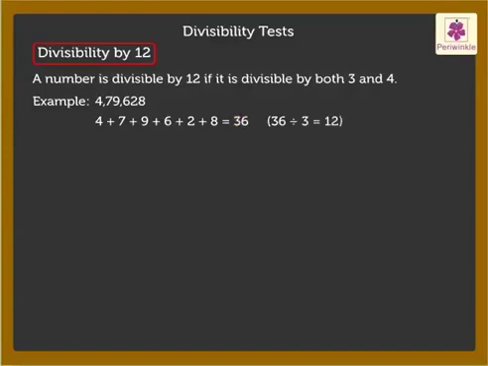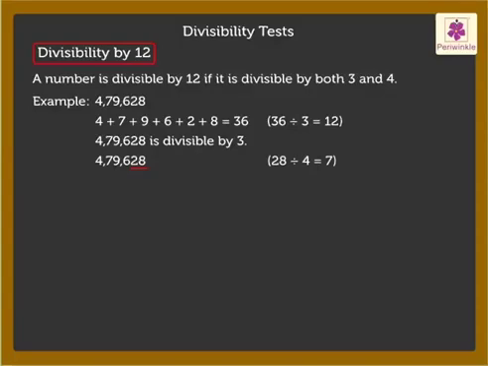Thus, we say 4,79,628 is divisible by 3. And the last two digits form the number 28, which is divisible by 4.